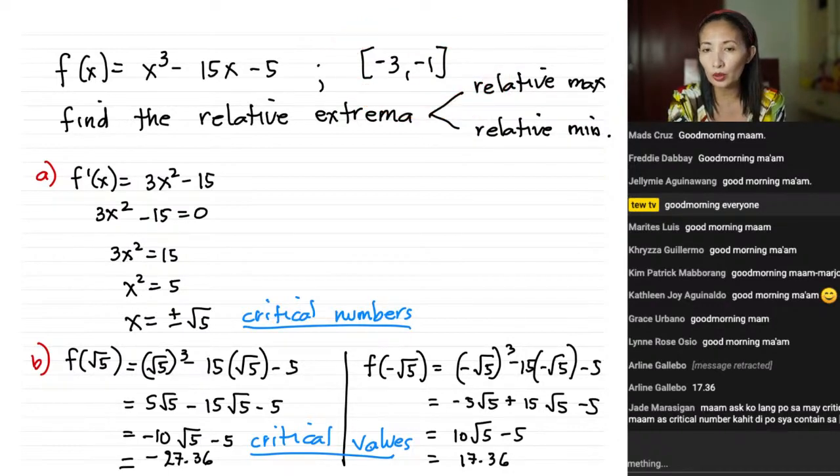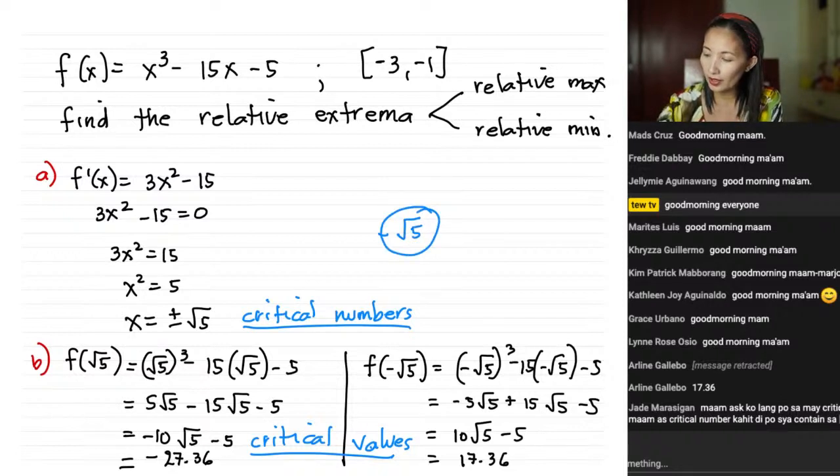It's only negative square root of 5, because square root of 5 is no longer contained here.